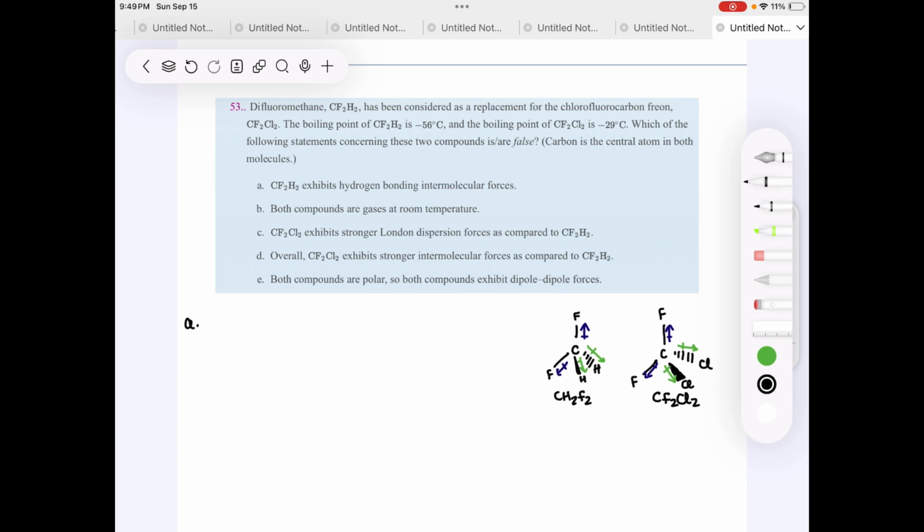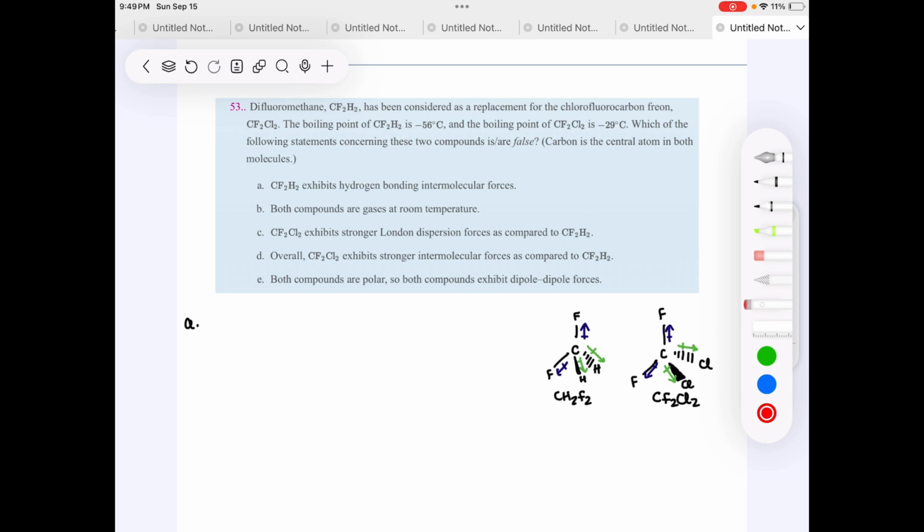CF2H2 exhibits hydrogen bonding intermolecular forces. This statement is false because hydrogen in the molecular geometry of CF2H2 does not directly bond with the fluorine.